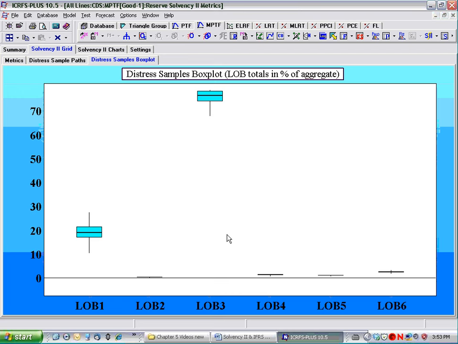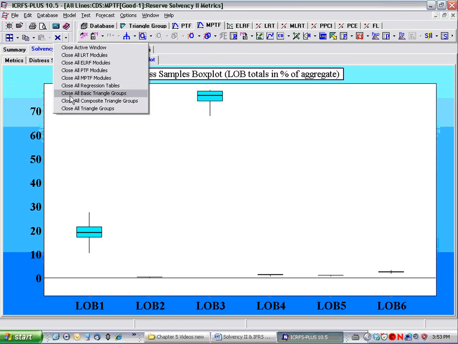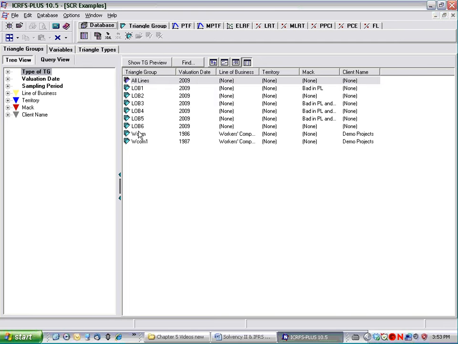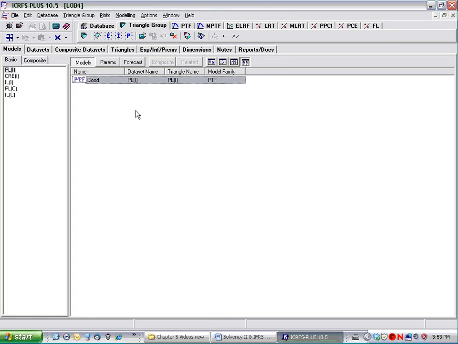Okay, the next issue I want to look at, and I'll only do it for LRB4, is the contribution, if you like, of parameter uncertainty, of volatility to a distressed situation. So if I go to LRB4, which is the most volatile line, I run the model.